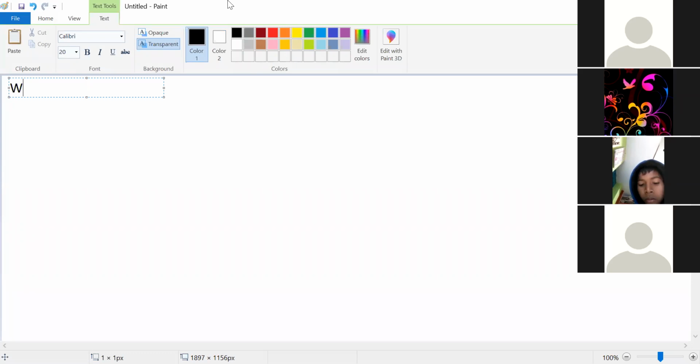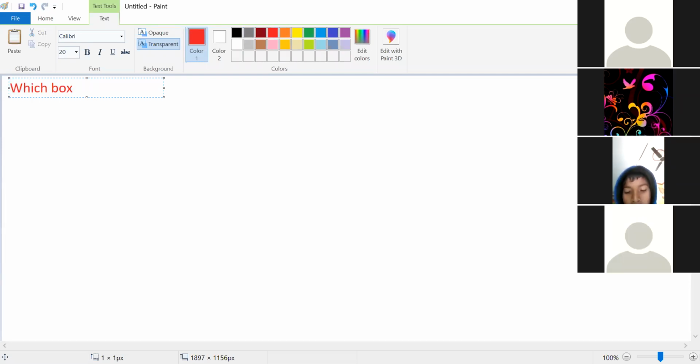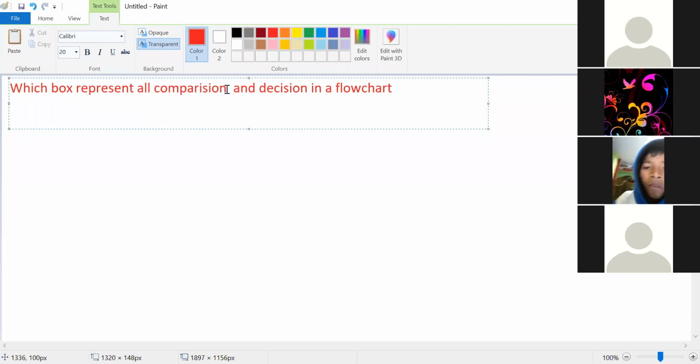Which box represents all comparisons and decisions in a flowchart?